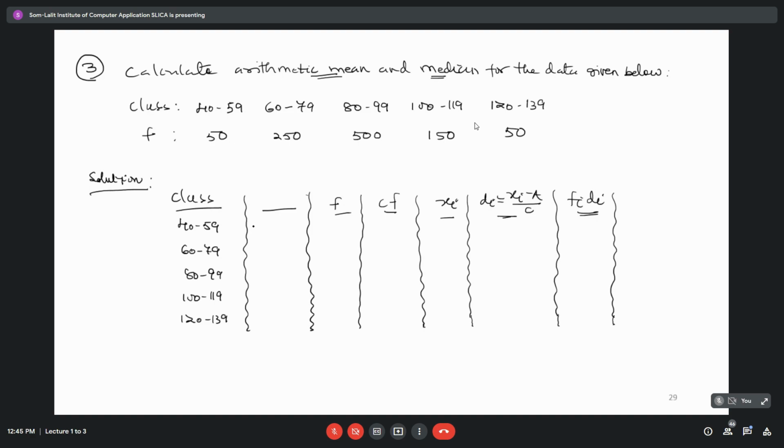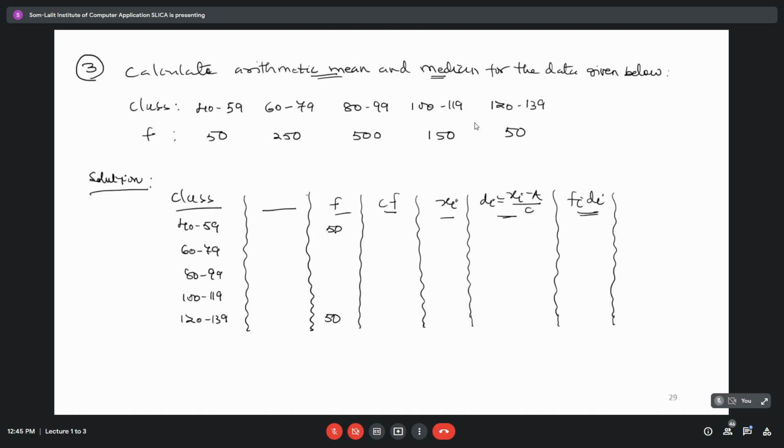Here I'll just write the frequencies: 50, then 250, then 500, then 150, and finally 50. Just rewrite these values.